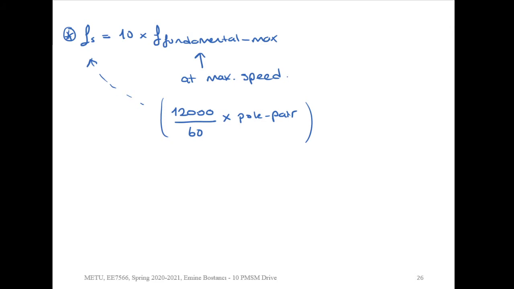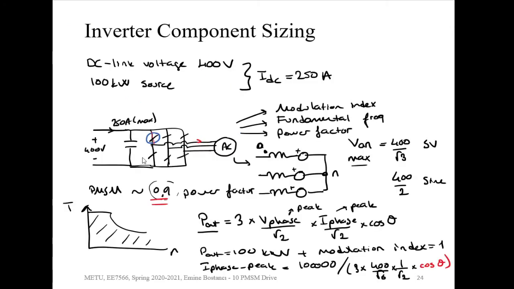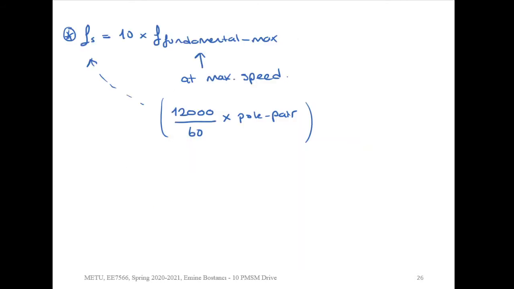So this is maybe the third important thing, the switching frequency, so that we stay within the loss limits. And we already talked about how we cool the inverter, and the cooling of the inverter is also quite important. The next topic is the DC link capacitor, how we size the DC link. Normally, DC link capacitors in electric vehicles depend on many things, the DC link voltage value, the electric machine used, and so on.